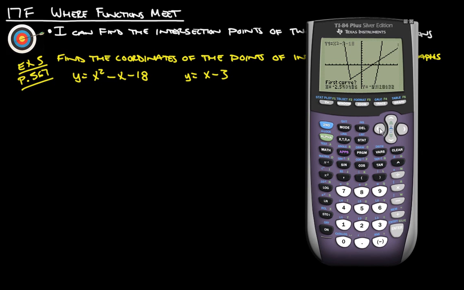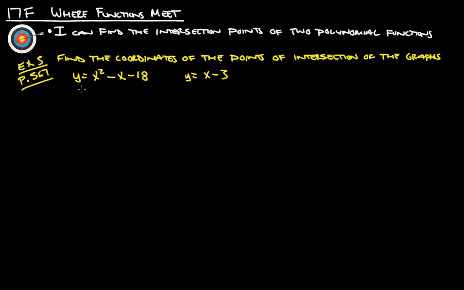I'm going to find this leftmost one first. Push enter. There's the second line. Guess? Sure. So one of the intersection points is (-3, -6).